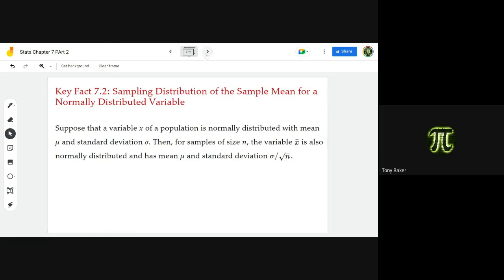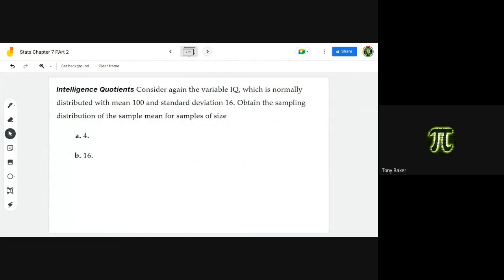All right, so let's look at a couple really quickly. If I'm doing a sample size, so we're looking at IQs. My normally distributed mean is 100, and my standard deviation is 16.